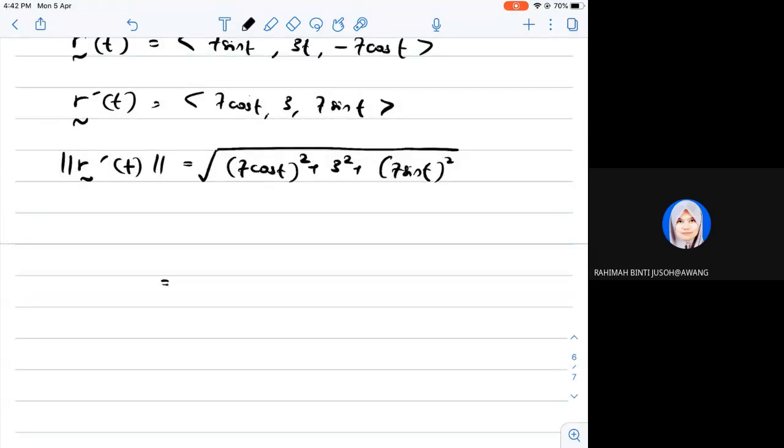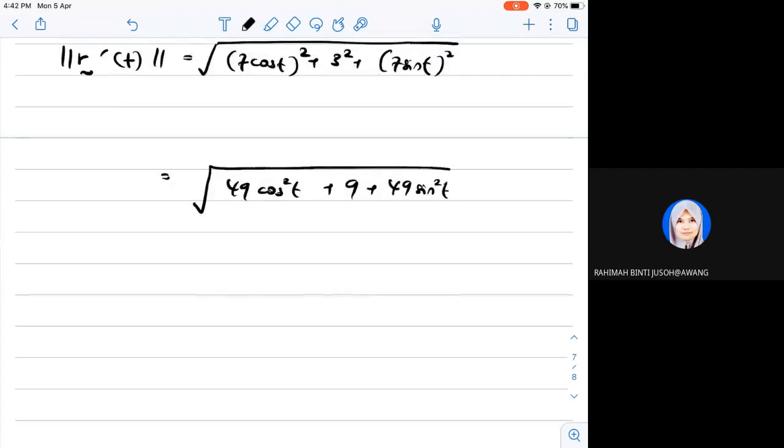Okay, so kita dapat punca kuasa 49 cos squared t plus 9 plus 49 sin squared t macam ni. Okay, so guys, dalam kes ini, ini adalah sin squared dengan cos squared dengan nilai yang sama.